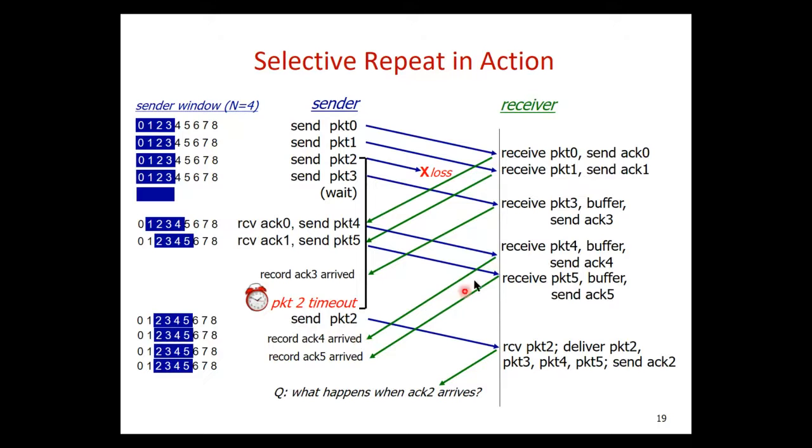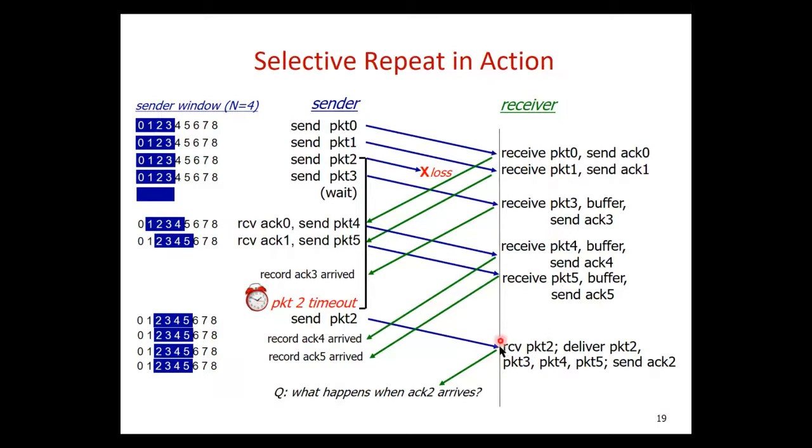After that it received ACK of 4, so it marked ACK of 4 as received. ACK of 5 has been received, but ACK of 2 has not yet been received. When this timer times out, it sends packet 2, and now I assume that packet 2 is received okay.